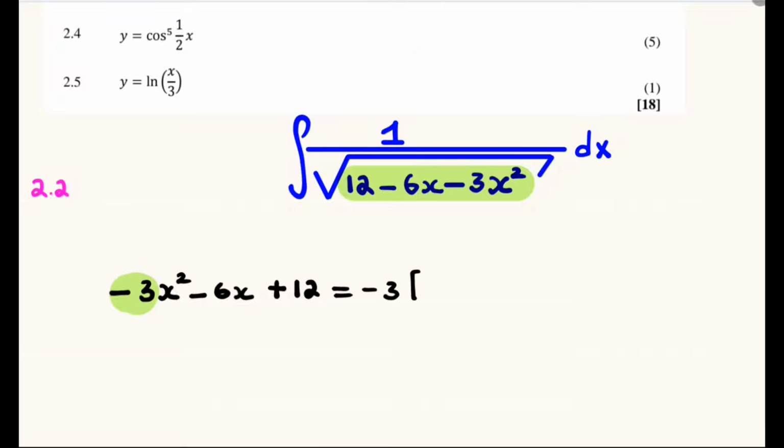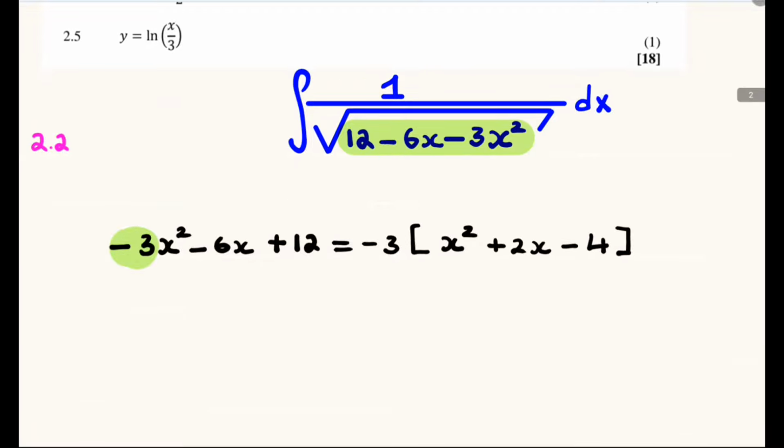We have negative 3 into x squared plus 2x minus 4. Now we can complete the square. We have the negative 3 into the x squared plus 2x.